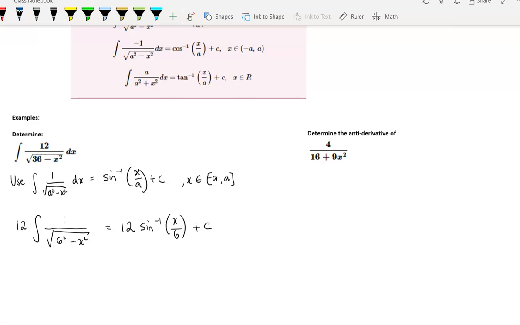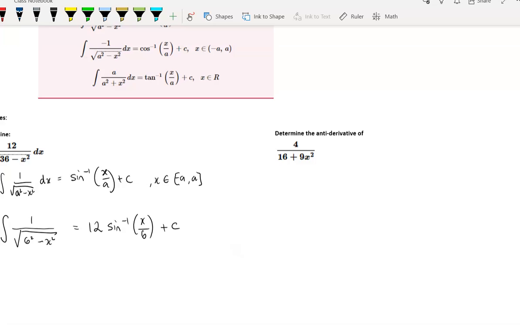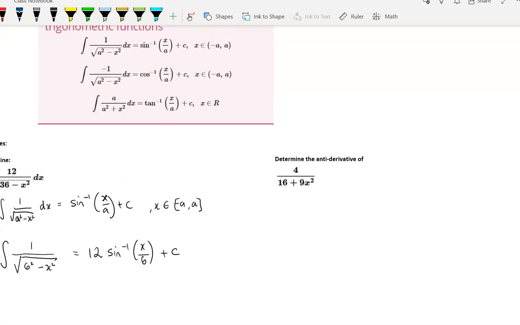And there's our solution. Second example, this time we're finding the antiderivative of the function 4 over 16 plus 9x squared. Pretty much the same idea, except this time, as you can see, we've got a plus. That eliminates the first two, and it's a squared plus x squared, and there's no square root sign, so it's probably going to be a tan function.